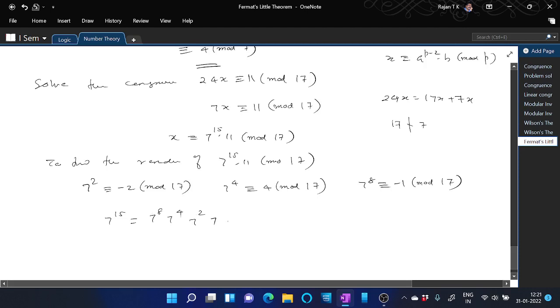This is congruent to: 7 square is congruent to minus 2 mod 17, 7 raised to 8 is congruent to minus 1, so minus 1 into 7 raised to 4, which is 4, into 7 square, which is minus 2, into 7 mod 17.